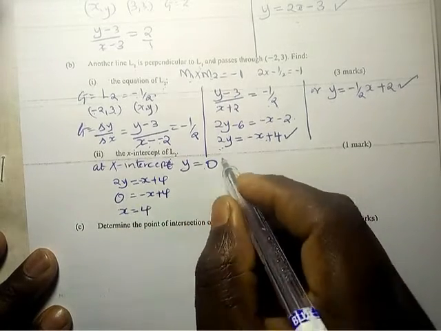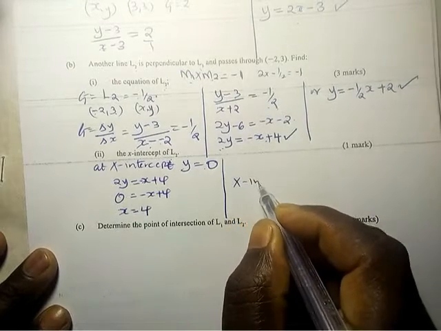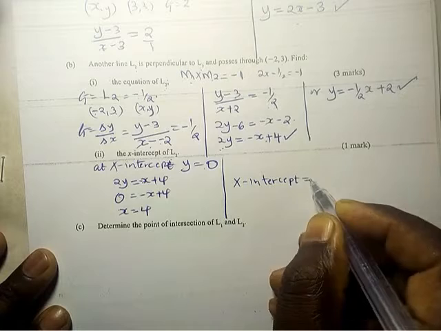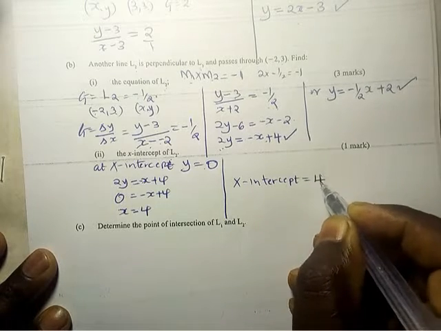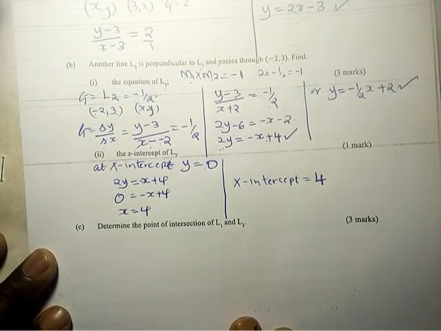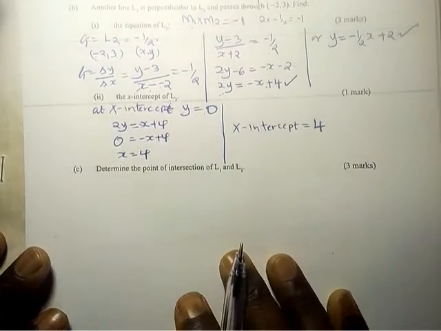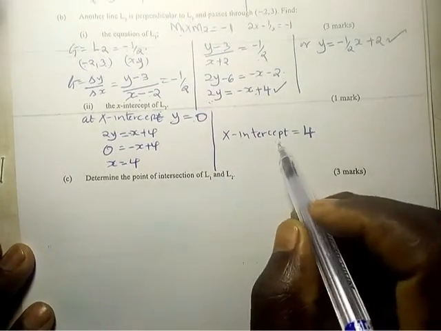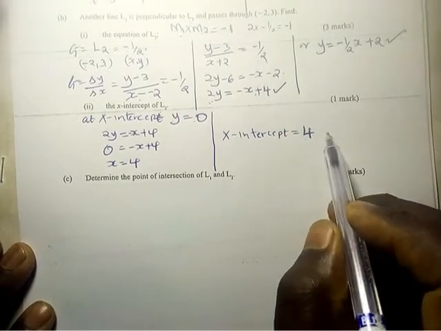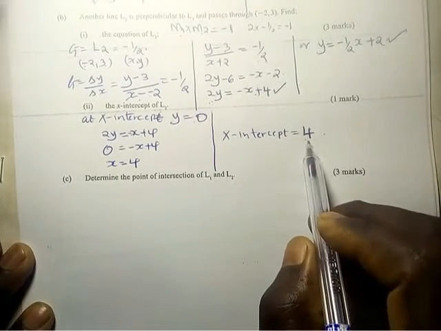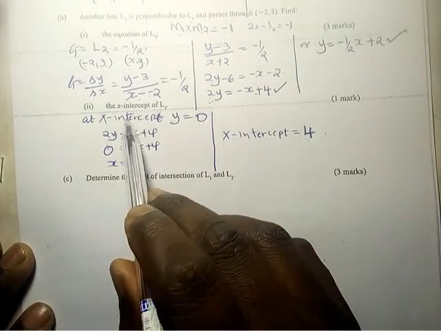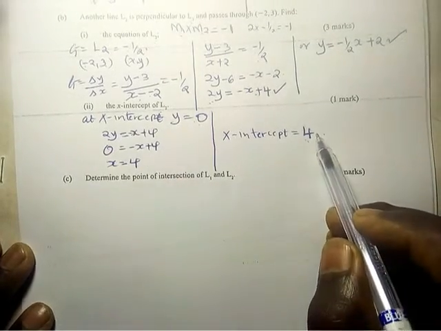So the x-intercept is equal to 4. If you want, you write the coordinate of the x-intercept. The coordinate now will be (4, 0). Y is 0, x is 4, so (4, 0). But we have not been told to write the coordinate, we have been asked for the x-intercept, so 4 is the answer.